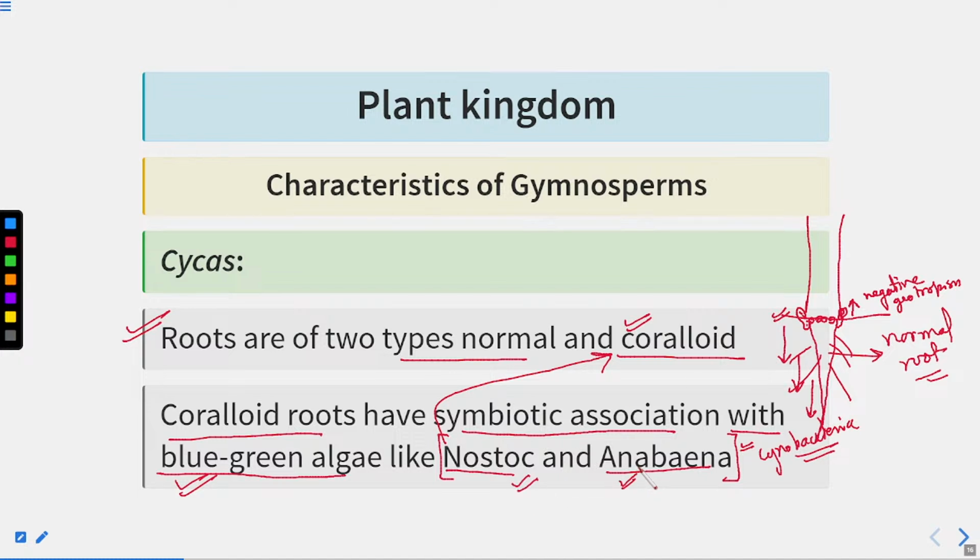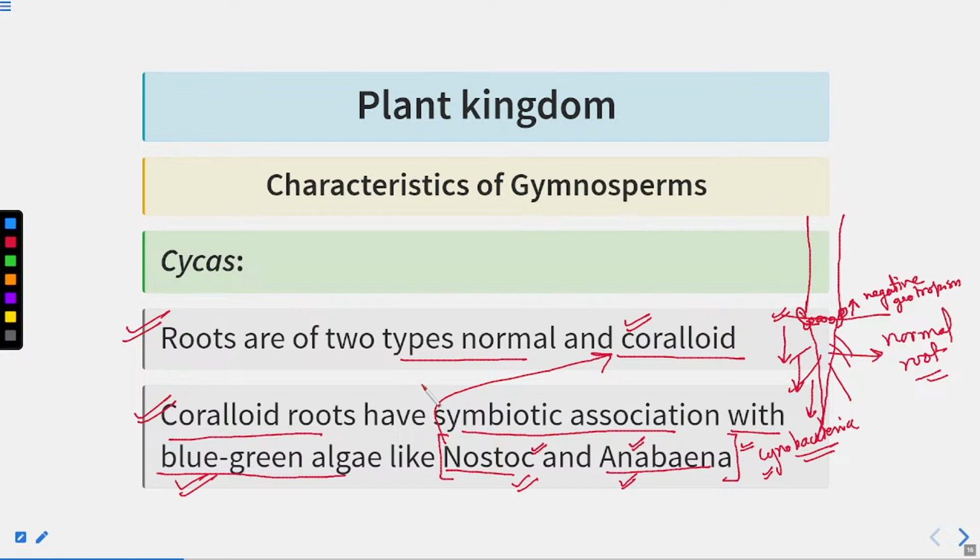So you all know the significance of the presence of cyanobacteria in the roots. They do the process of nitrogen fixation and make the nitrogen available to the plant. So this is the significance of the coralloid root.